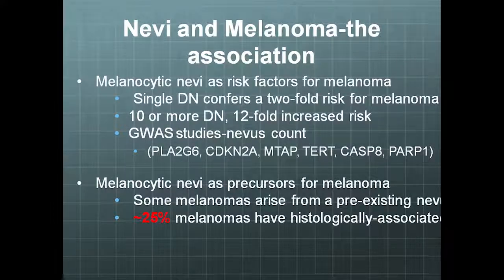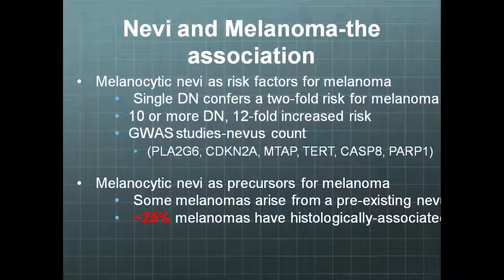According to a number of clinical studies, there is a close link with nevi and melanoma. If we look at epidemiological studies, and these are very well done studies over the years that I'm referring to, not just one or two, melanocytic nevi are risk factors, meaning a single dysplastic nevus on the skin confers a twofold risk for melanoma.